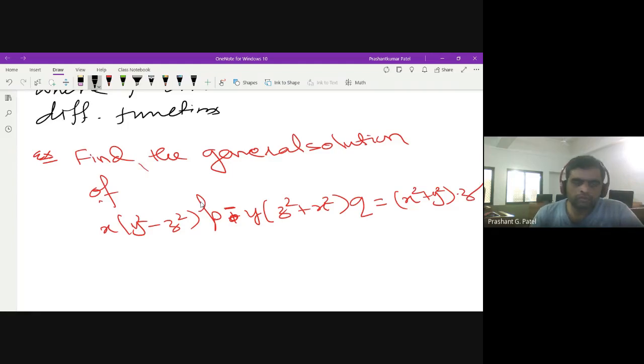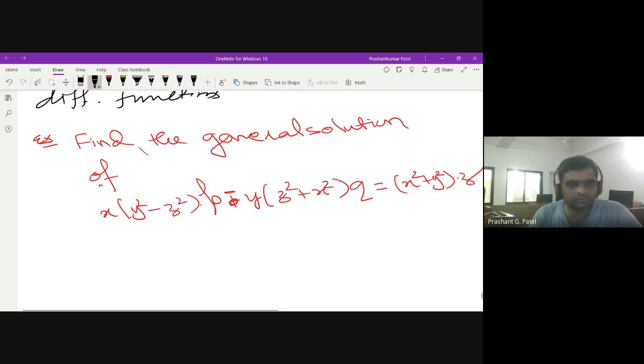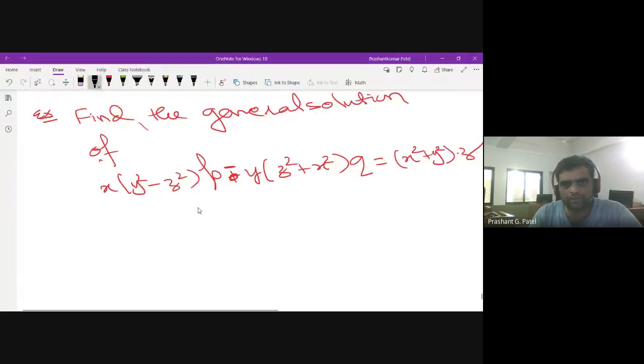Now we have to write down what P, Q, R are. I'm not writing in detail; obviously this is the value of P, this is Q, and this one is the value of R. So I'm writing the auxiliary equations directly.